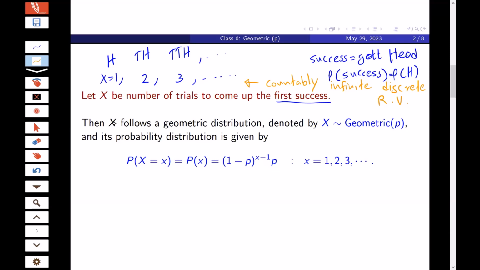If you define your x in this particular way, then we can say x follows a geometric distribution, denoted by this notation, and this sign means follows. This is the parameter p.